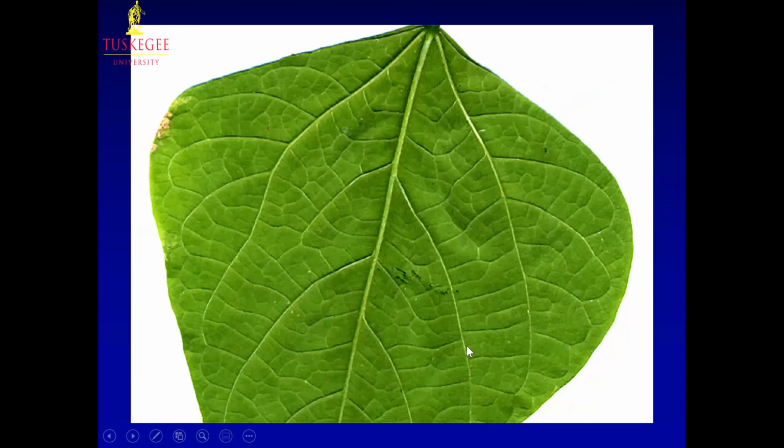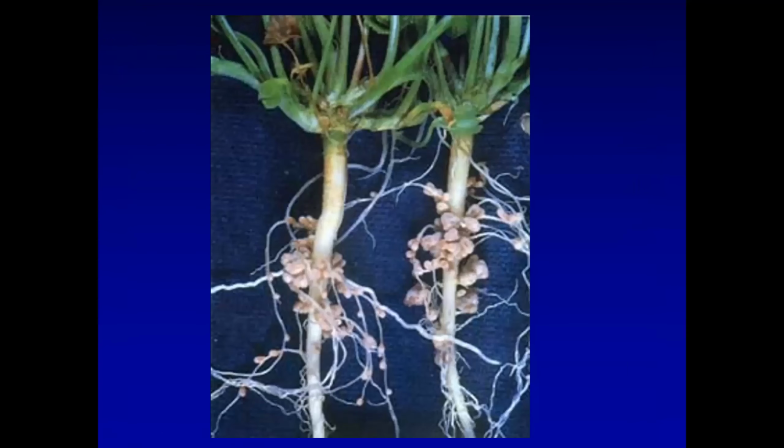And this is the reticulate venation. It forms a web kind of structure here, unlike the leaves of the grass forages. And these are the nodules, which are formed by the rhizobium bacteria present in association with the leguminous roots in the field, which have the leguminous forages there.